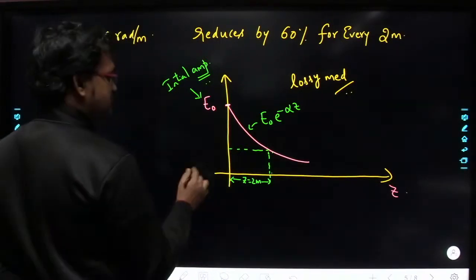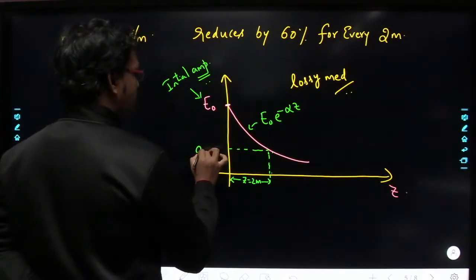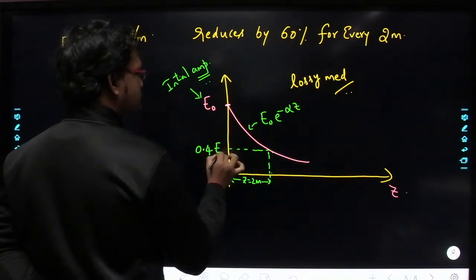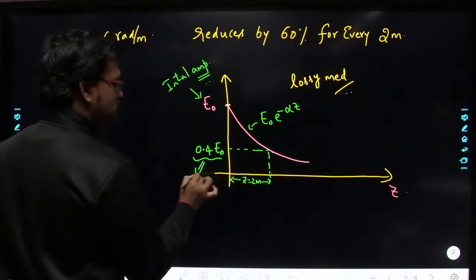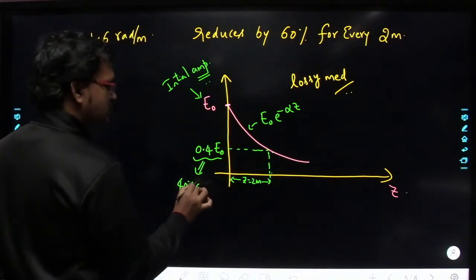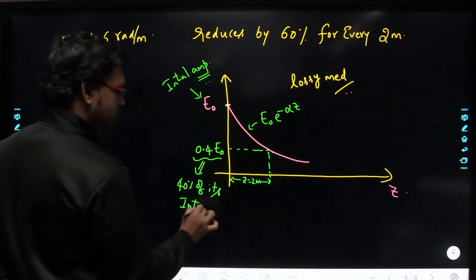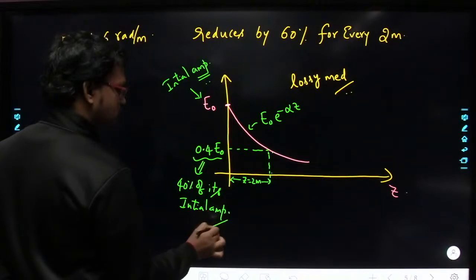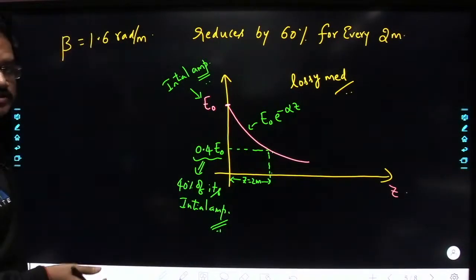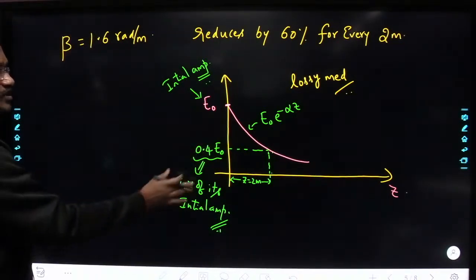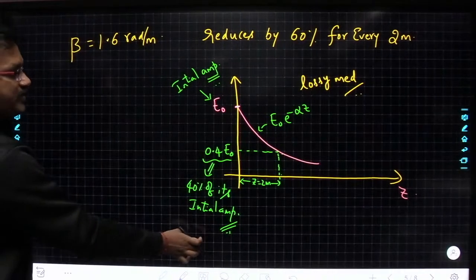So it is going to have 0.4 times E0. This is nothing but 40% of its initial amplitude, because 60% is reduced, so only 40% is left after 2 meters.